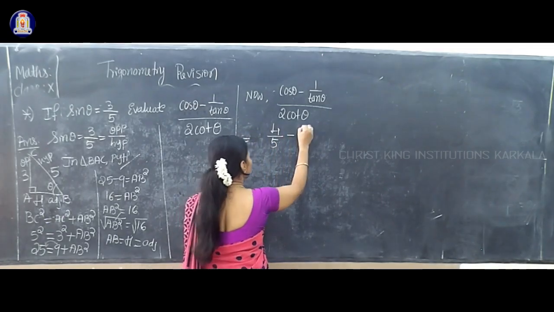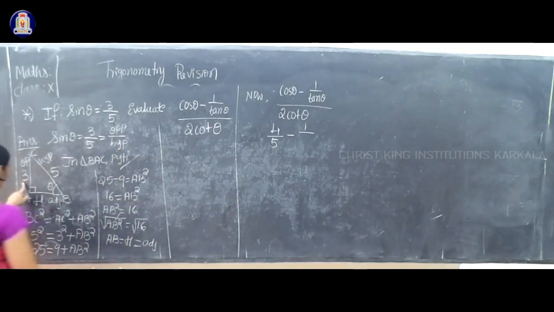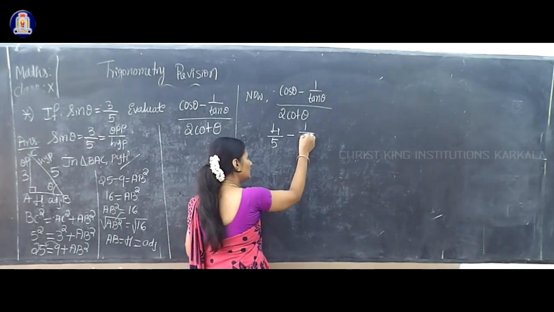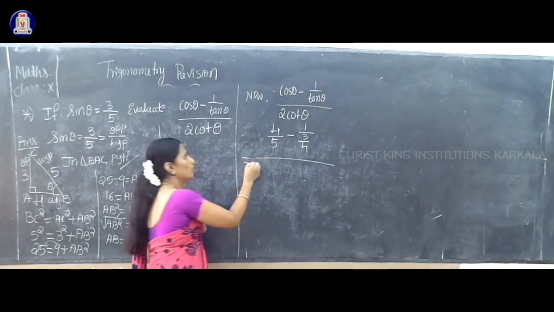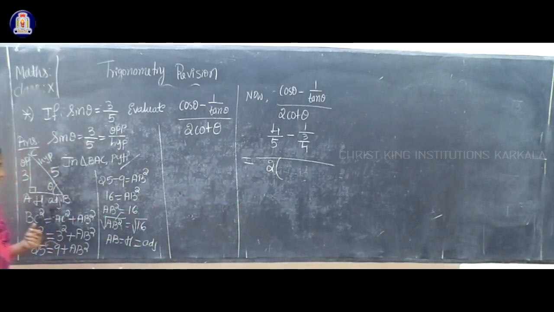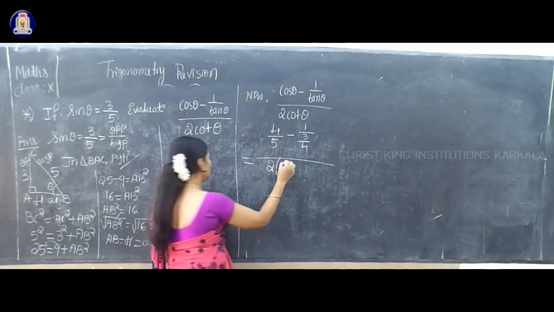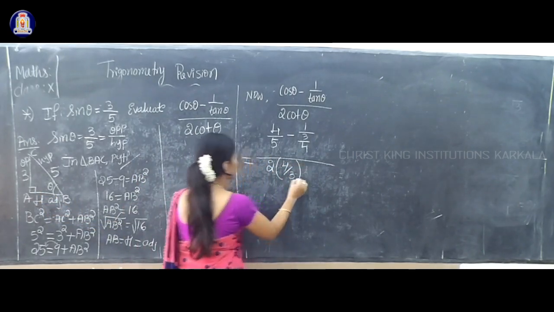Minus 1 divided by tan. Tan is opposite side divided by adjacent side, which is 3 divided by 4, whole divided by 2 into cot theta. What is cot theta? Adjacent side divided by opposite side, that is 4 divided by 3.